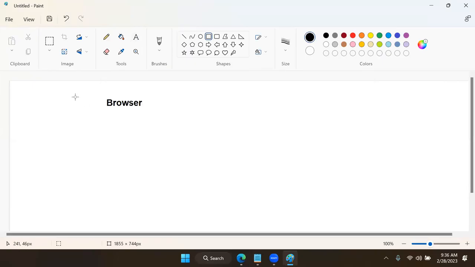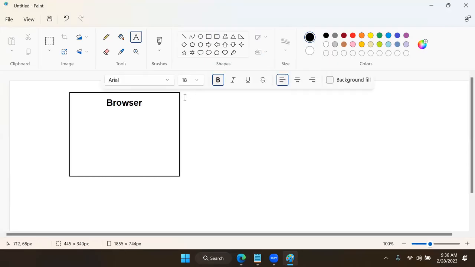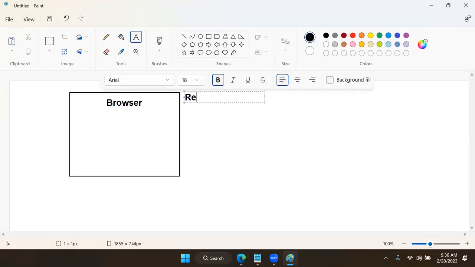In this browser, generally a browser has a rendering engine. Usually browsers have a rendering engine. You might have learned in HTML about browser engines and how browser engines translate HTML. I hope you know there are many browser engines.